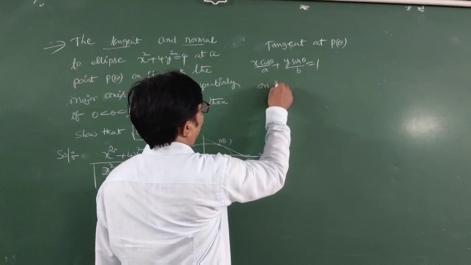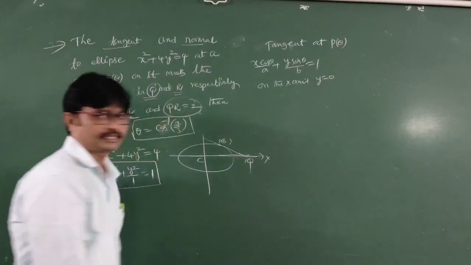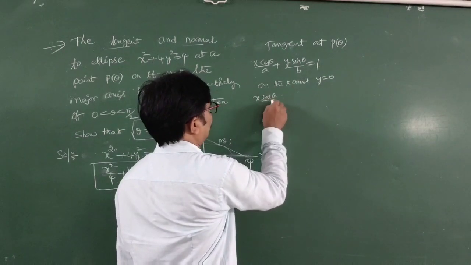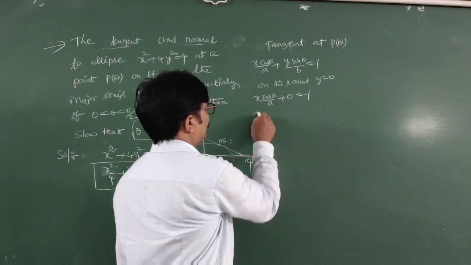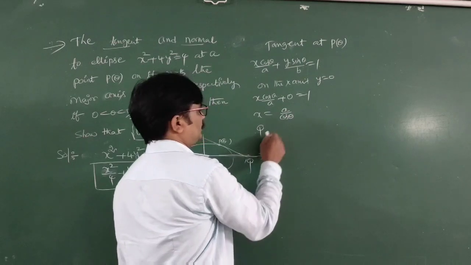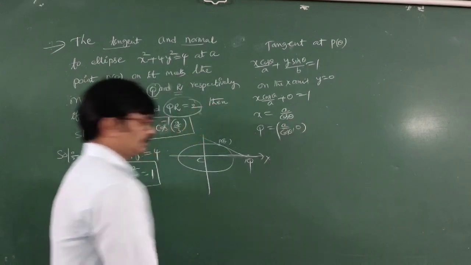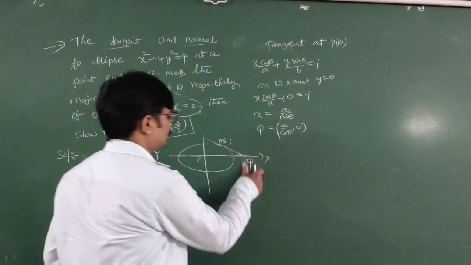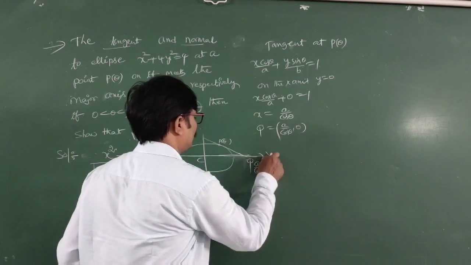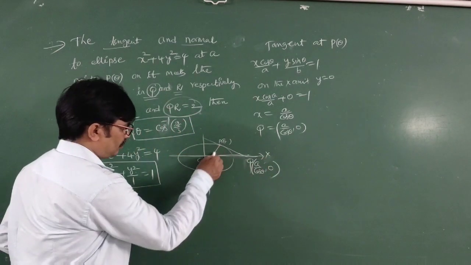So x cos theta by a plus 0 equal to 1, x equal to a by cos theta. So Q is a by cos theta comma 0.